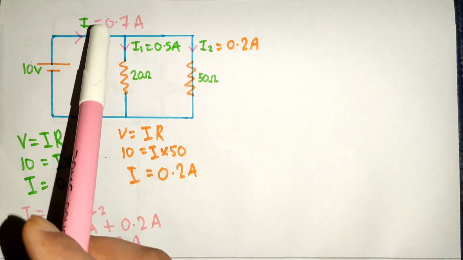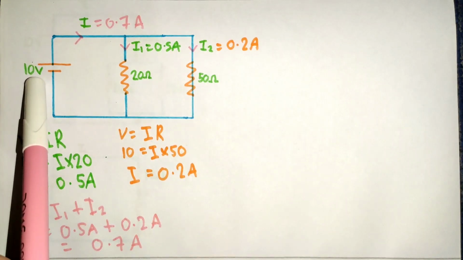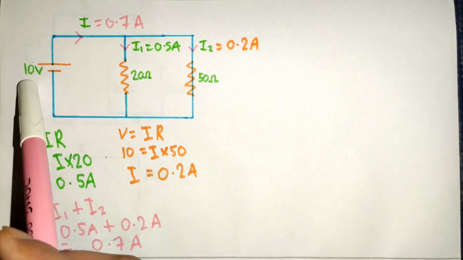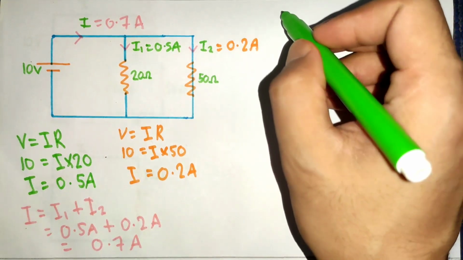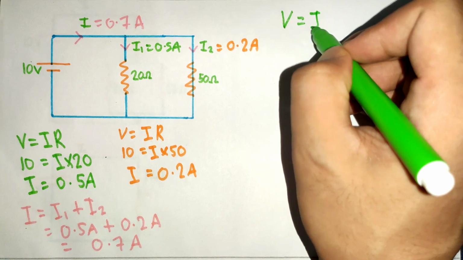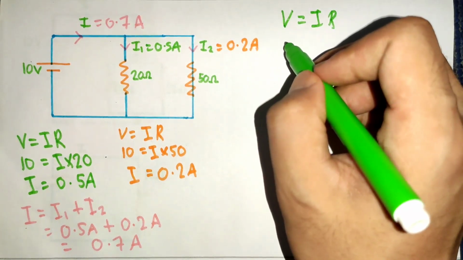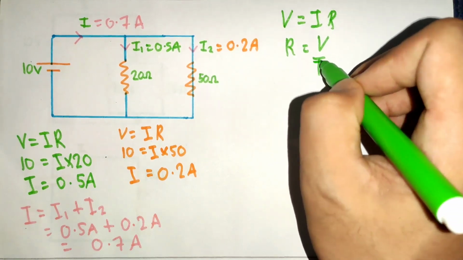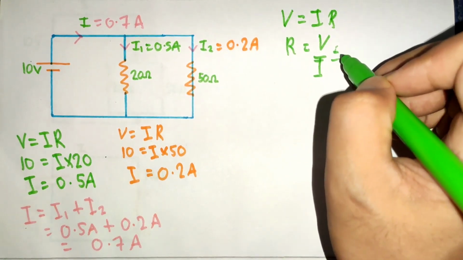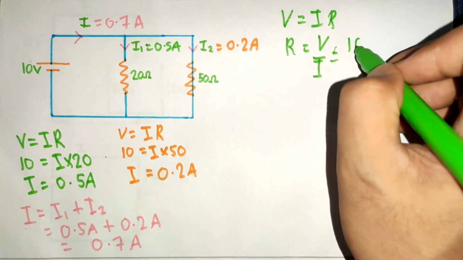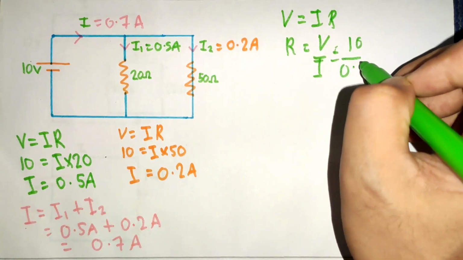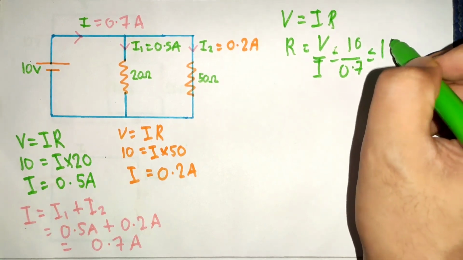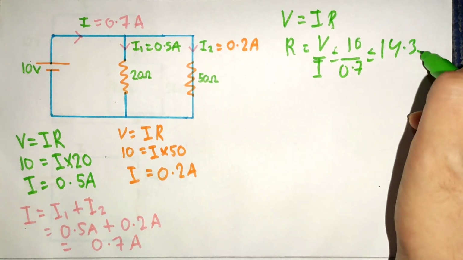We have the total current passing through the circuit and the total voltage, and by using these two values we can calculate the equivalent resistance of the whole circuit. Again, by using Ohm's law, V equal to IR, or R equal to V by I, equals V is 10, I is 0.7, so R is equal to 14.3 ohm.